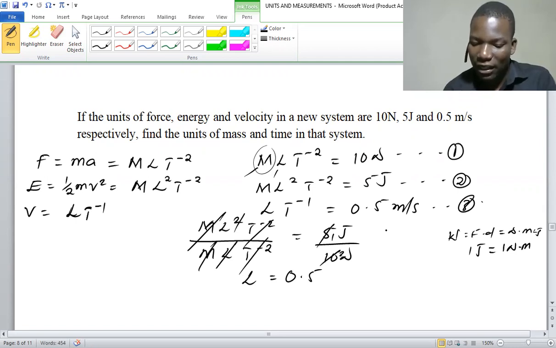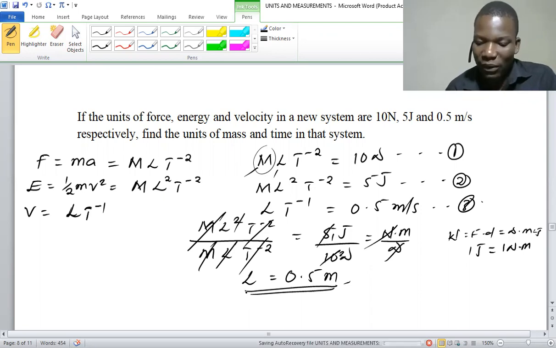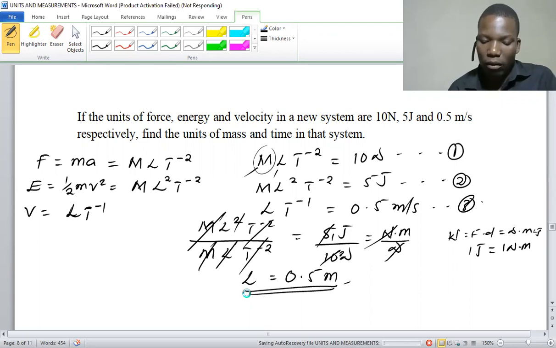So this is the same as Newton meter over Newton. So that goes, and then we have 0.5 meter. So this 0.5 meter is the new length, the units of length in that system, I mean.